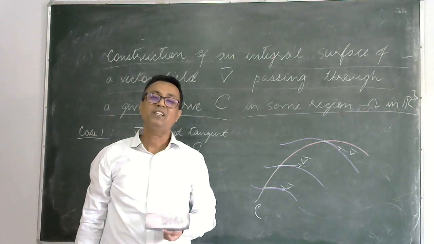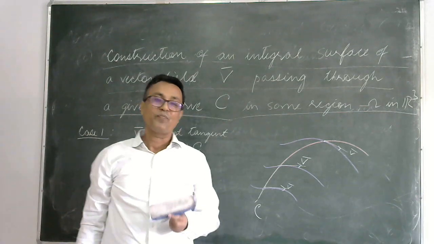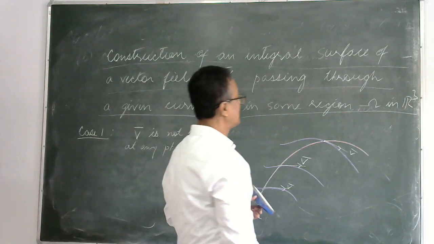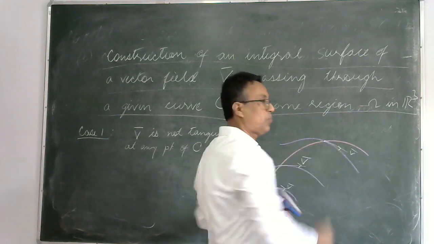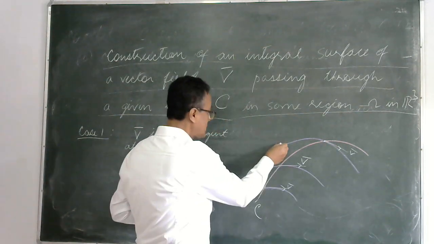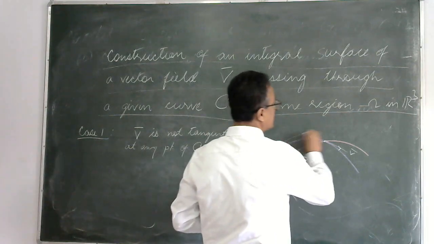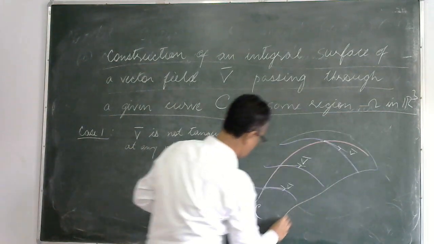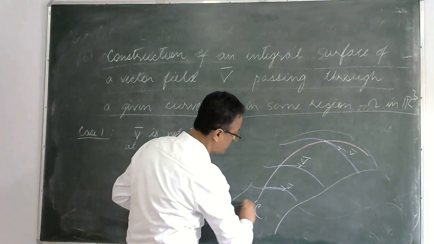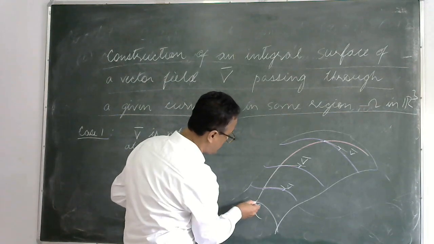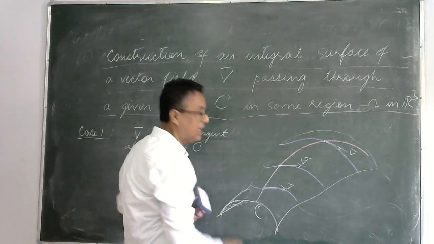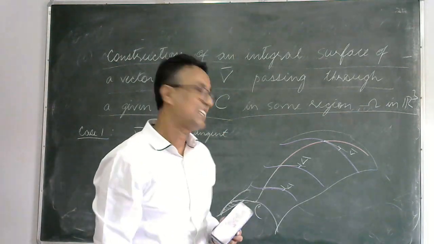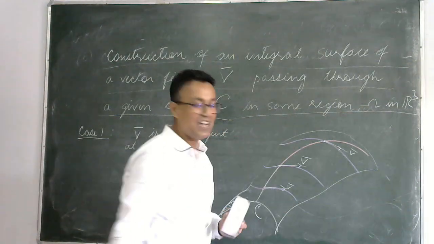Right? So now I can repeat it for each point. Then it is going to generate a surface like this, and that surface is going to be nothing but the integral surface.